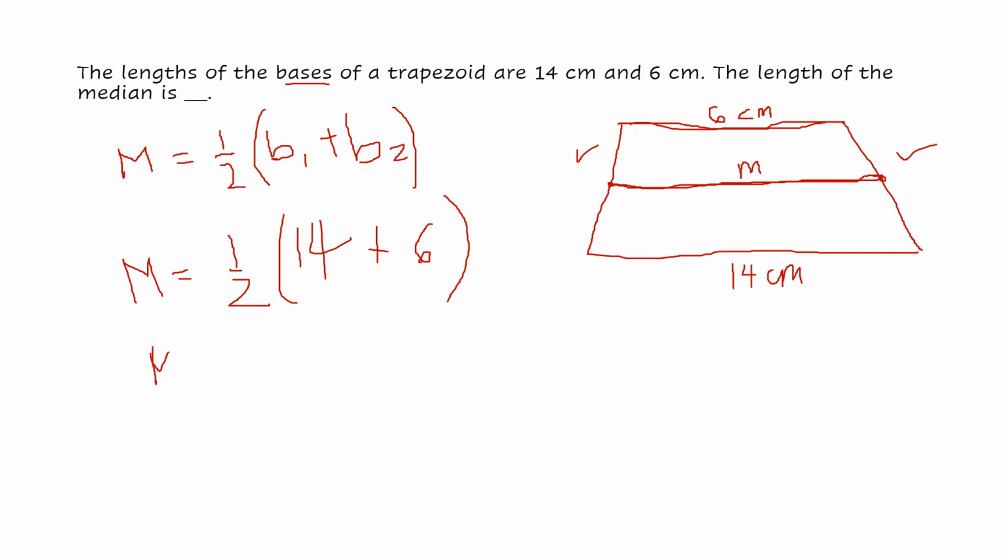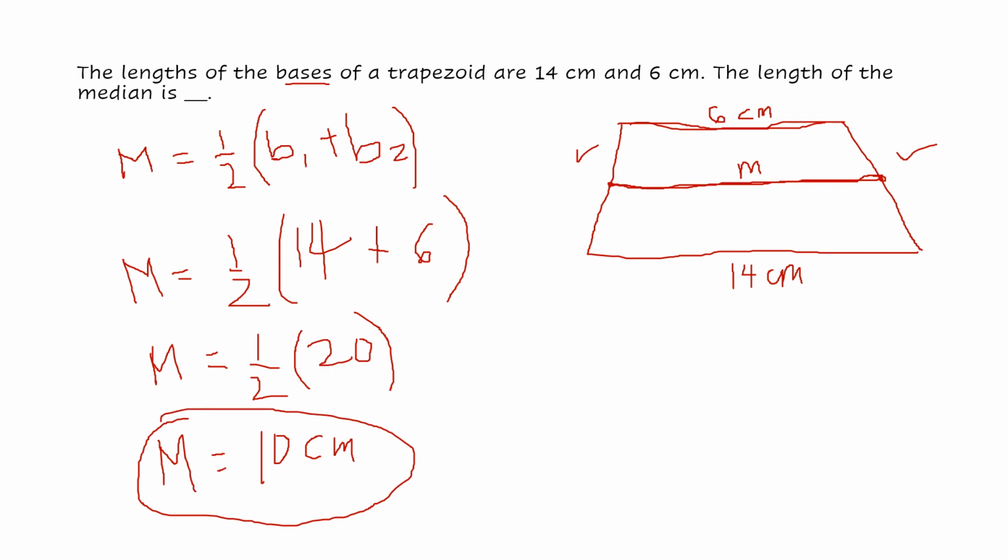So median M equals 1/2 of the sum of 14 and 6, which is 1/2 of 20. But 1/2 of 20 is 10. So therefore, the median is 10 centimeters. And that is the answer.